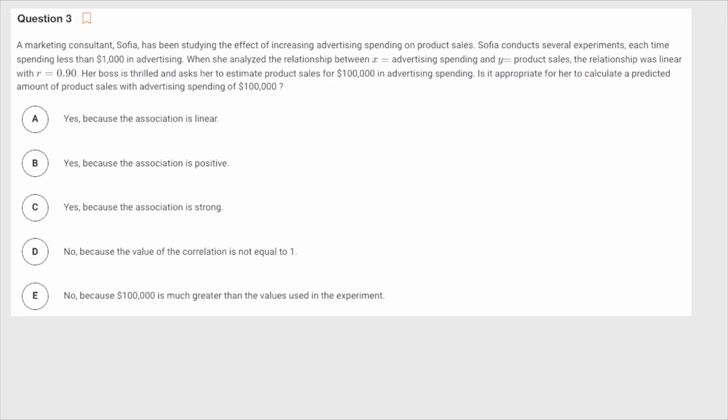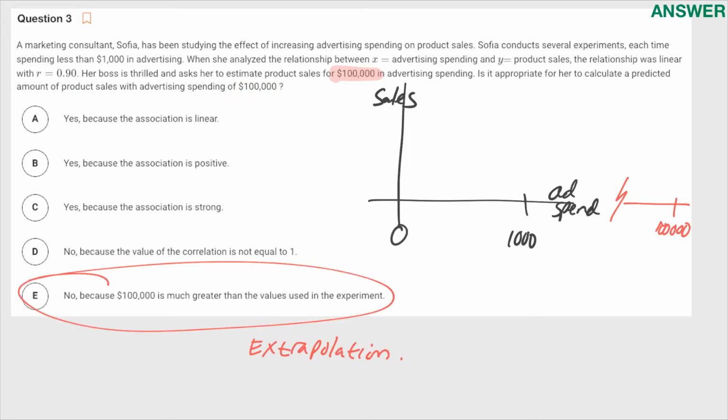Next question talks about the relationship between two variables, gives you a number for scale, tells you what the correlation coefficient is, and asks you about a different input value. To organize bivariate information, it's probably a good idea to draw a sketch, even if they don't give you data. It says advertised spending is going to be used to predict sales, and they say that the ad spending was never more than $1,000.